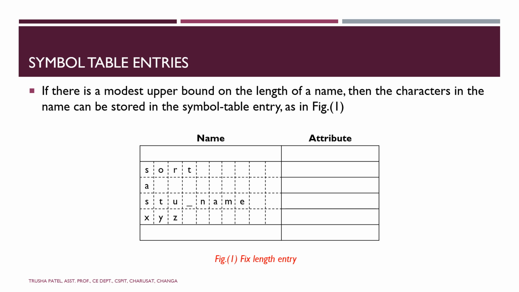So in that case, your name field has a maximum upper bound of 31. Now you can see in the first, my name is sort, S-O-R-T. So out of 31, only 4 characters are used. Then the second variable name is A. So out of 31, only one character is used and the rest of the 30 characters are unused, right?